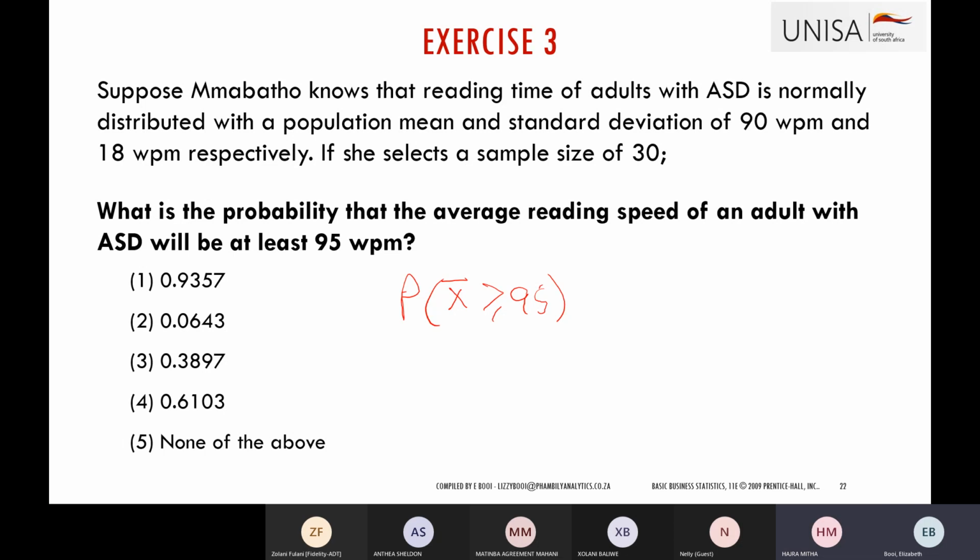So you find the Z, following the formula, the mean minus, so basically you say 95 minus 90 over 18 over the square root of 30, which will give you 1.52 if you round it off.